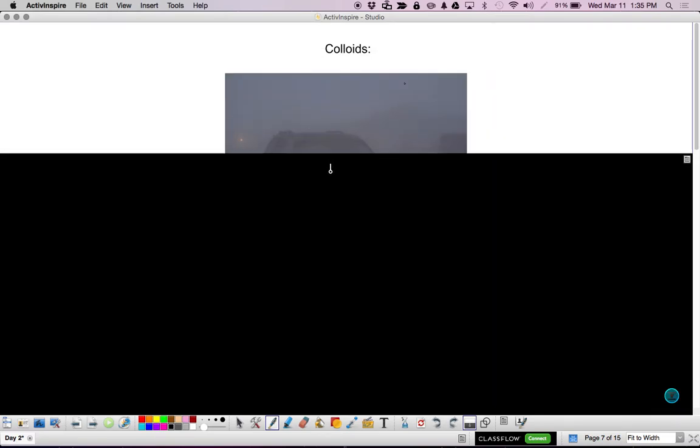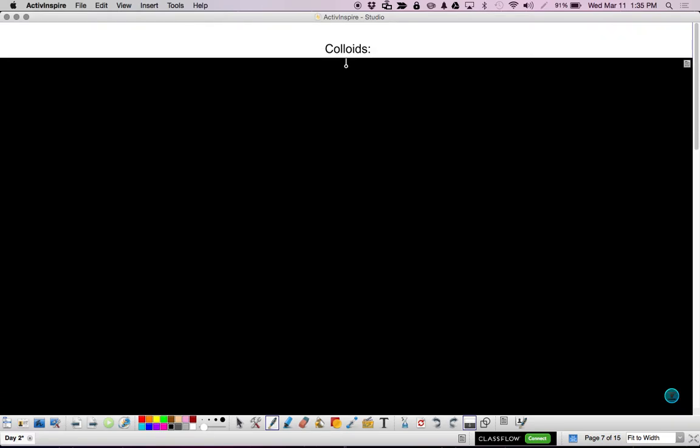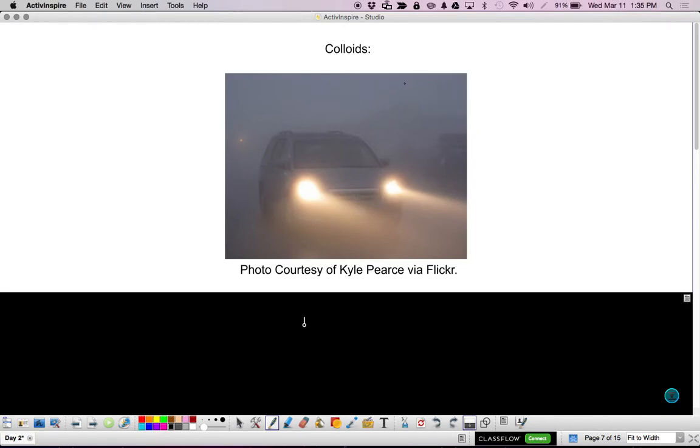Okay, so the last one is colloids. One of the things that I thought was an interesting colloid is water droplets suspended in air. So water droplets would be your solute.